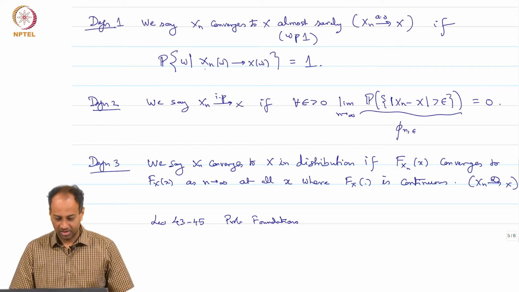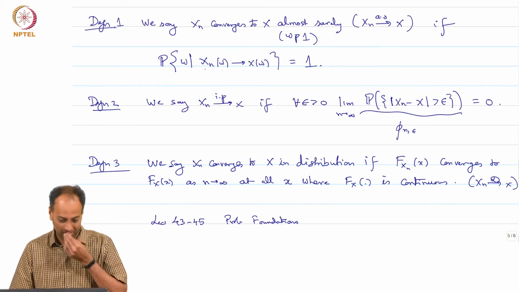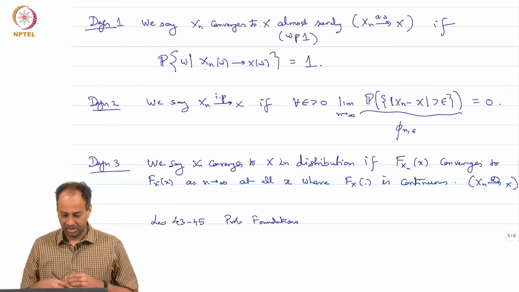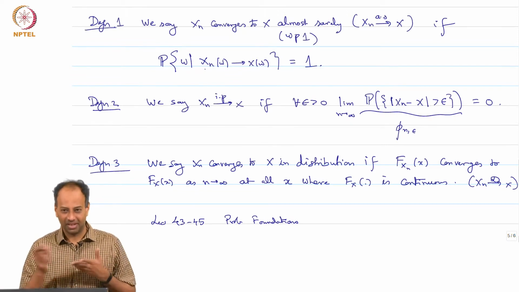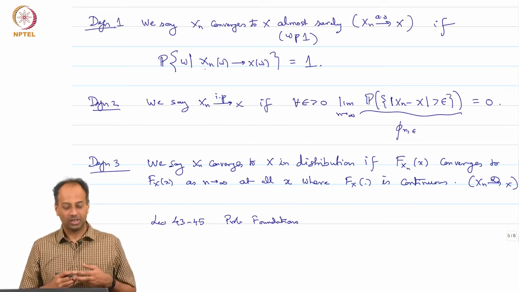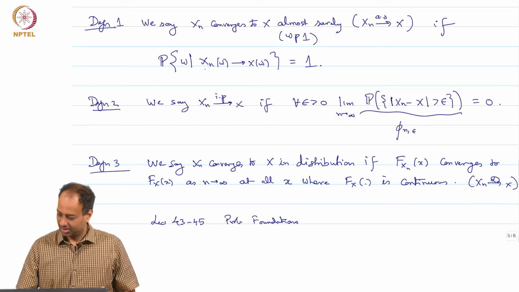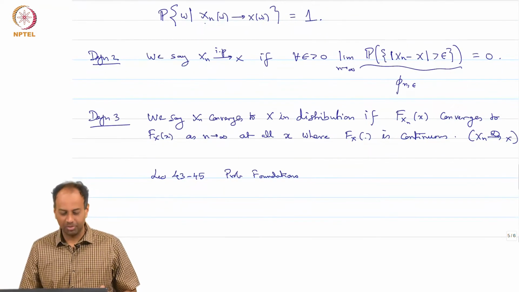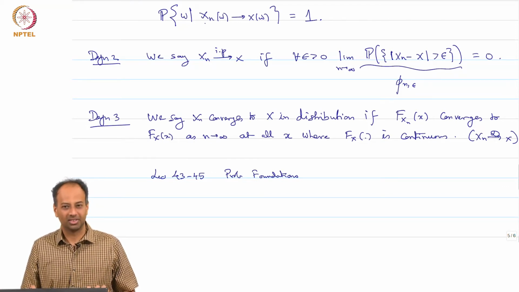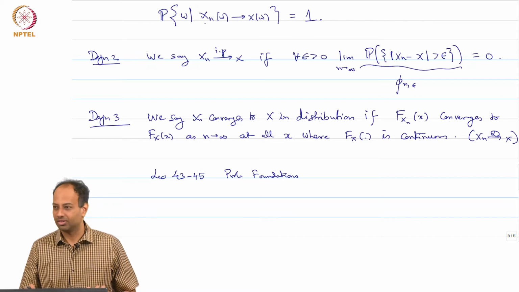There is also a weak law which says the sample average converges in probability to the expected value. And in convergence in distribution, the most famous result is the central limit theorem.